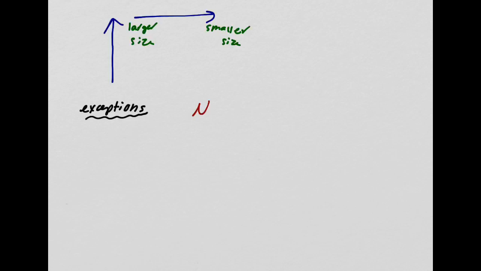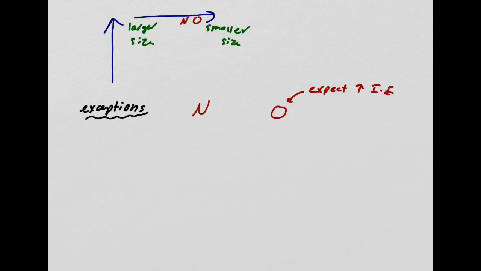Nitrogen and oxygen. Which one do you expect to have a higher ionization energy? Look at the periodic table and tell me. You probably are saying right now that you expect oxygen to have a higher ionization energy based on the trend, right? Okay.